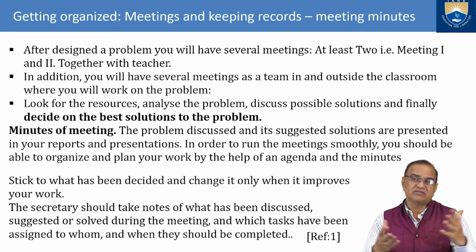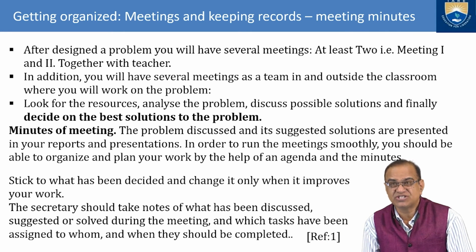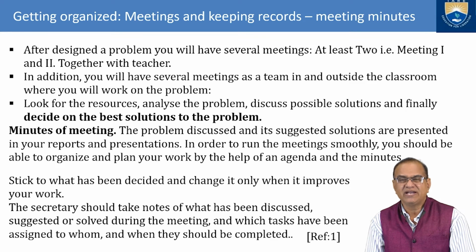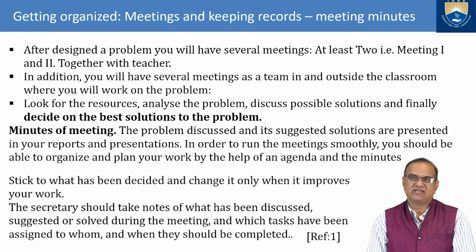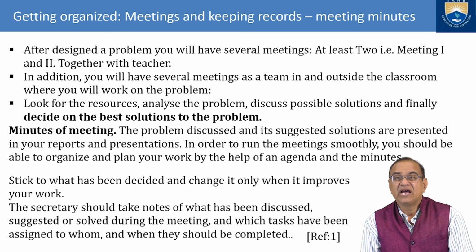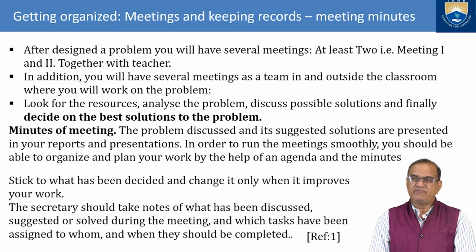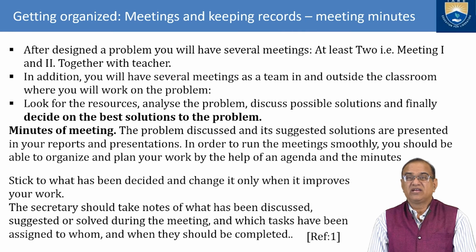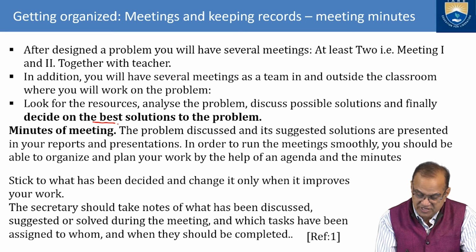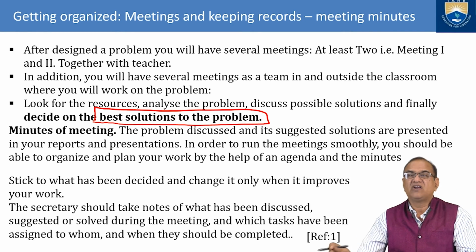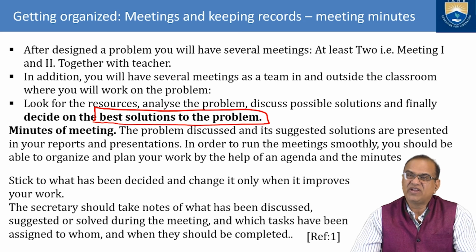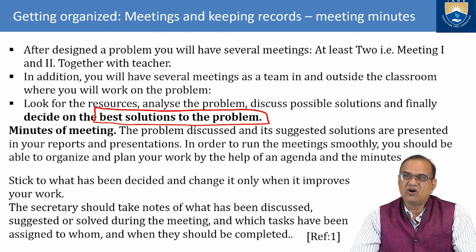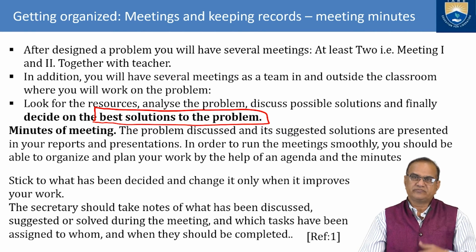The captain or the chairman of the team has to decide who will do what. They have to find out the resources and then do the analysis of the problem, discuss possible solutions, and finally decide on the best solution of the problem. So you have to discuss with the students and find the best solution of the problem that you have to do.